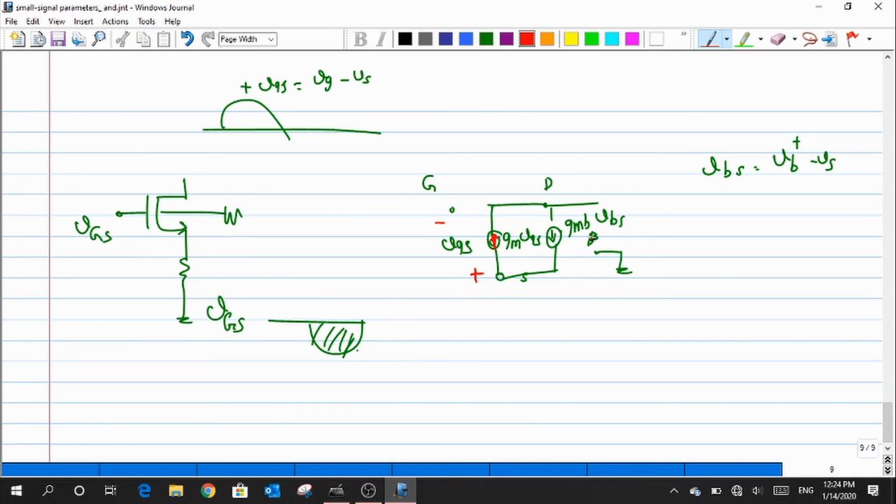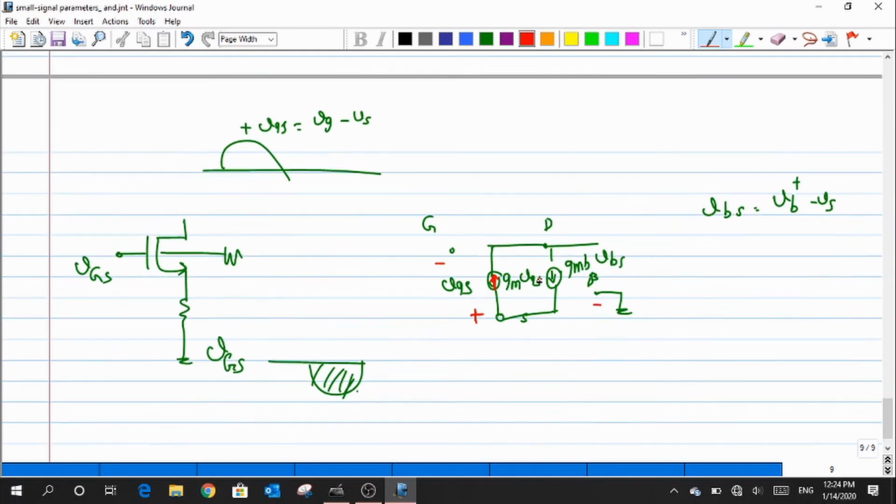But what happens to my GMB VBS? I said the source is at the highest potential, so in this case the body would become negative.